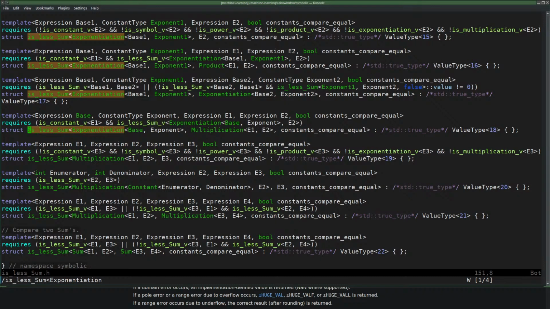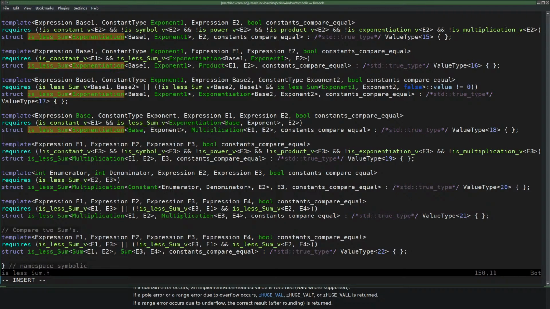I'm suddenly not so sure about it. Should it be? No, it cannot be. No, it should not be always less than. If the multiplication starts with a constant, then yes, I should only look at the second argument. But if it is not a constant, then it should also be less. That's what is missing.